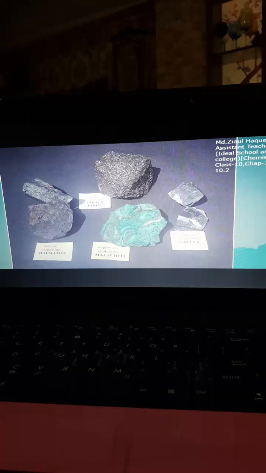Here are given some ores, you can see. This is the pure state of ores of some metals. But when it is excavated from the mine, clay, sand or impurities can be mixed with the ores.